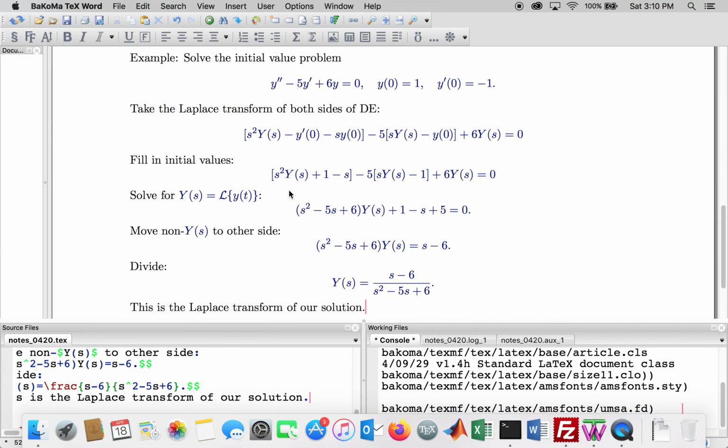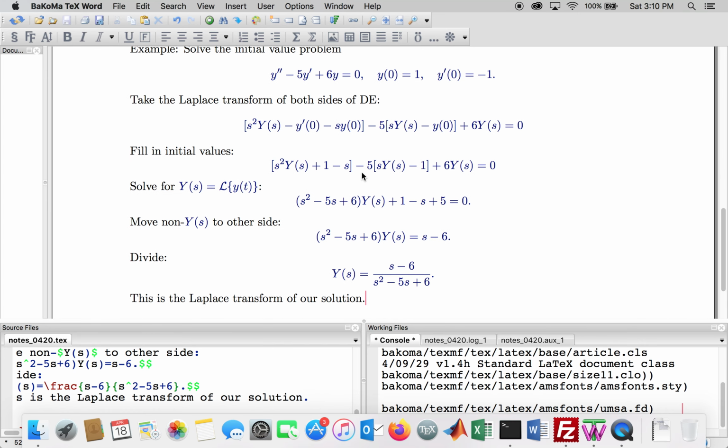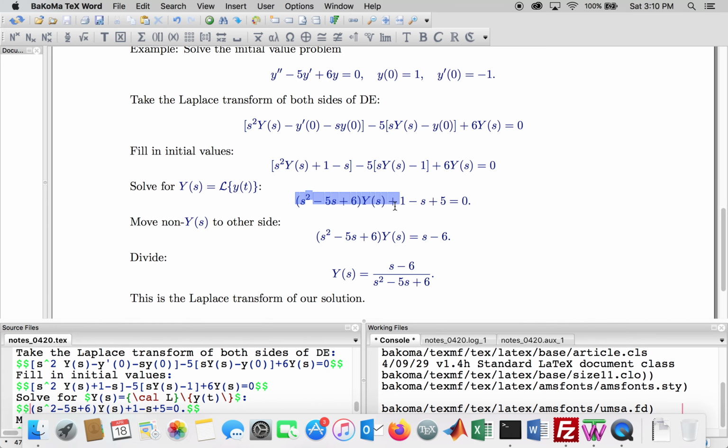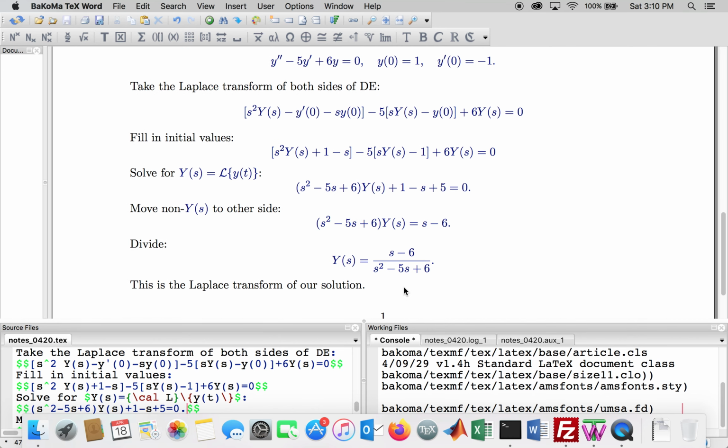All right, and this goes to the point that I made at the end of last class. The nice thing about a Laplace transform, or one of the nice things, besides the fact that it makes it easy to take into account initial values, is that it transforms a differential equation, like this one, into an algebraic equation, this one. From here to here, we just did algebra to get to the Laplace transform of a solution.